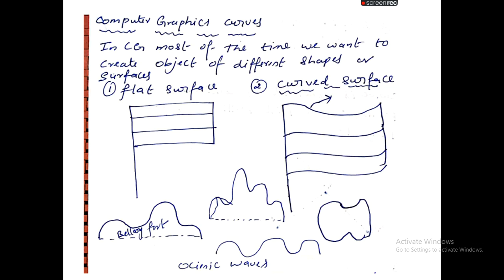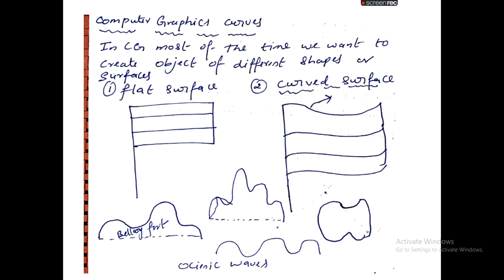So in almost all the four modules, we created various types of images or objects that contain points and straight lines.